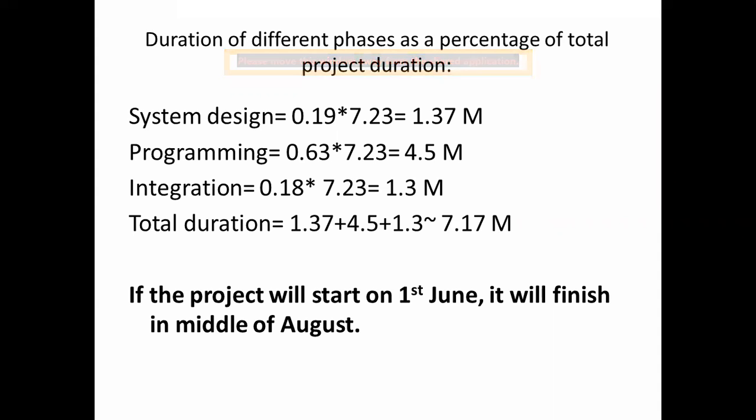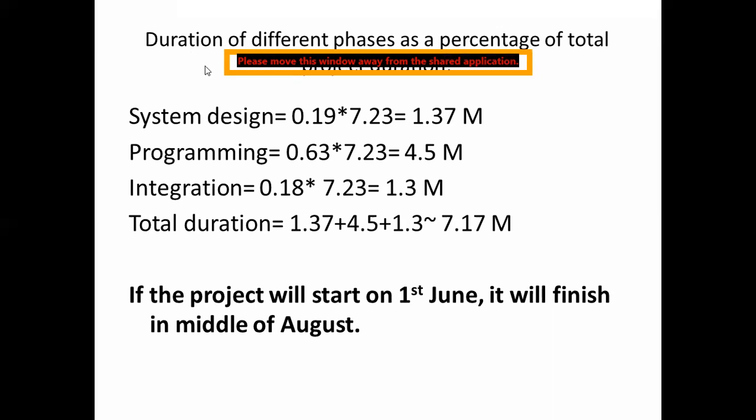So in this case, you will choose the second column because you have the size equal to 3 kDLOC.